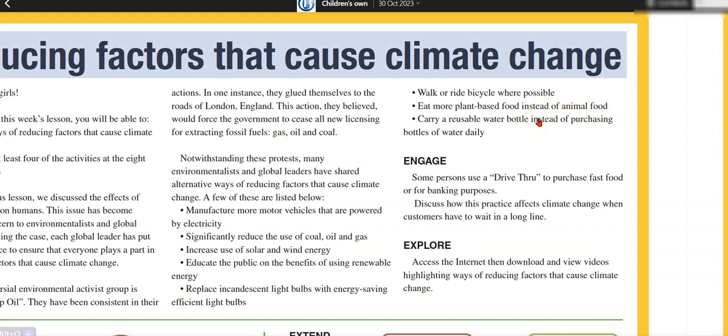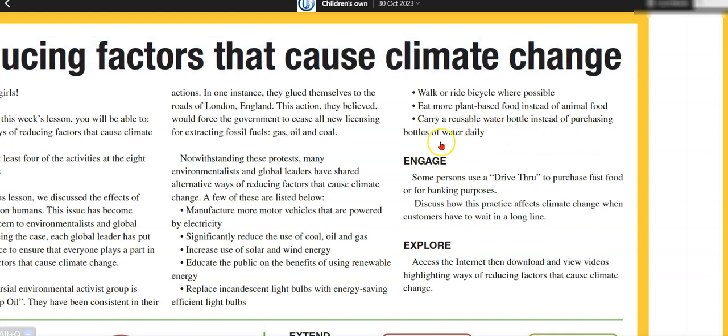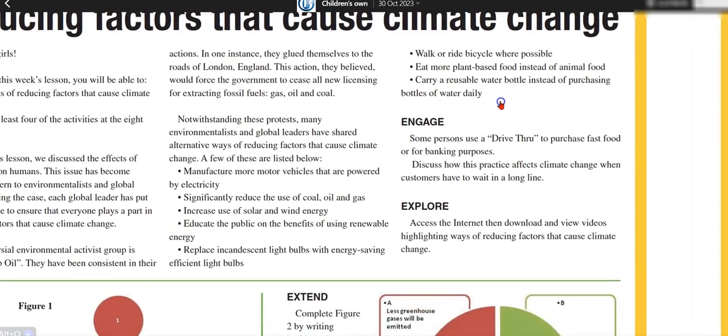So if we eat less, then we will need less meat, which means that we'll have less cows, which means that we'll reduce the amount of methane produced by the cows. Carry a reusable water bottle. So let me say that again. Carry a reusable water bottle instead of purchasing bottles of water daily.